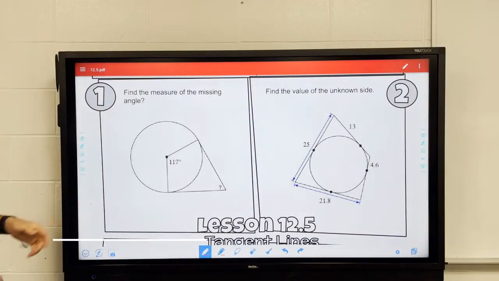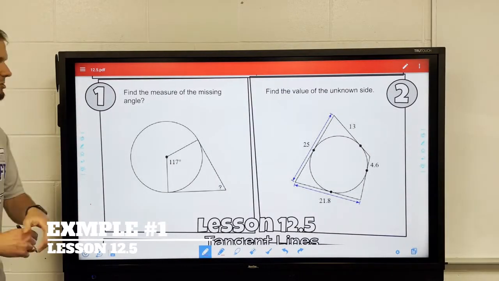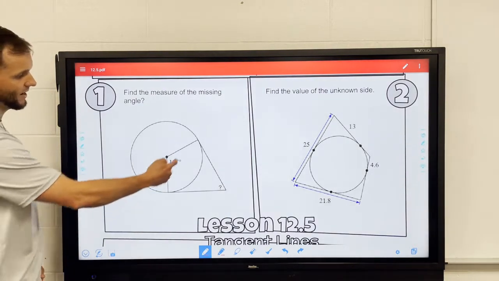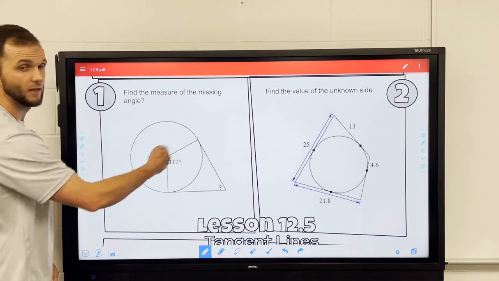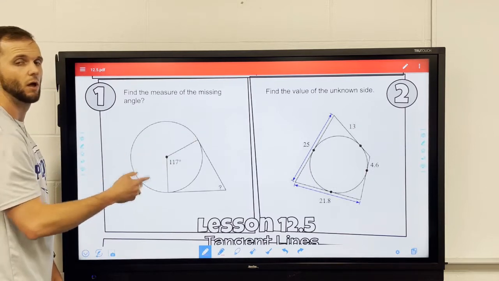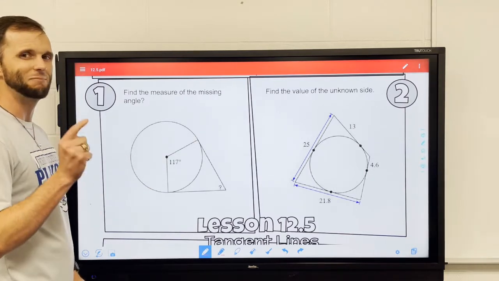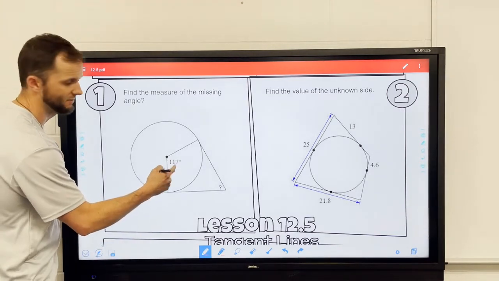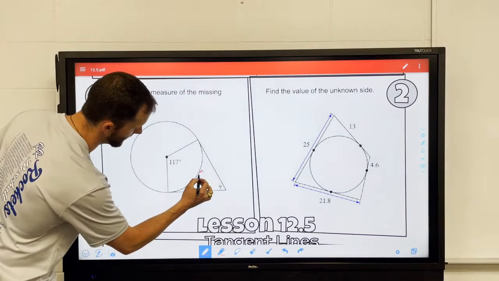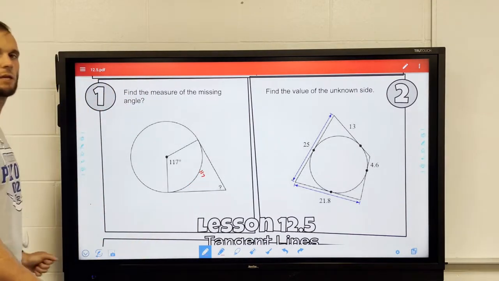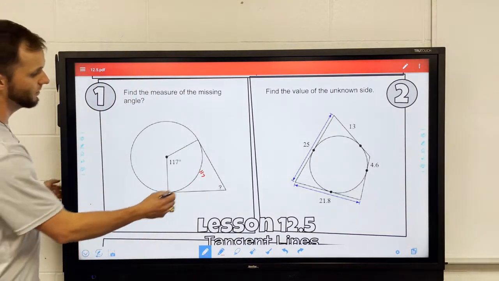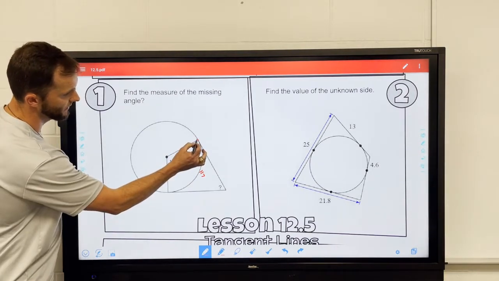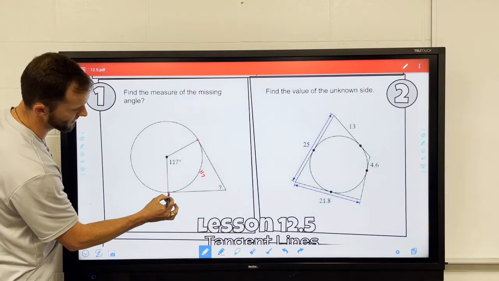All right, so look at example number 1. It says we need to find the measure of this missing angle, okay? They've given me an angle on the inside, which is a central angle. I know central angles are the same measurement as their arcs. So since this central angle is 117, this arc here is also 117, okay? Now this tangent line creates one distinct point, and this tangent line over here makes one distinct point.